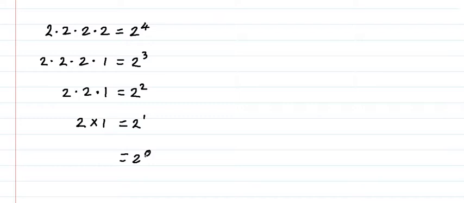You might think that 2 to the power of 0 has absolutely no meaning whatsoever. After all, when we've got, say, 4 2's, we write a 4 here, 3 2's, we write a 3, 2 2's, we write a 2, 1 2, we write a 1. Here, clearly we have no 2's, so obviously there is no number there.